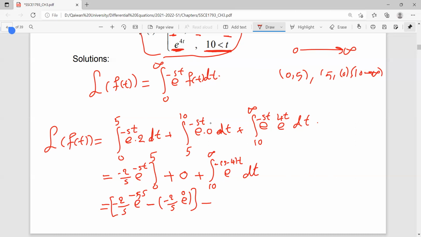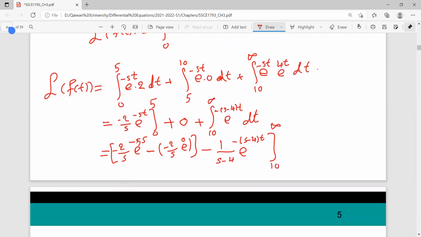We must have the derivative of the exponent, and the derivative of the exponent is minus s minus 4 in a bracket. It is 1 over s minus 4, e to the power minus s minus 4t, from 10 to infinity.